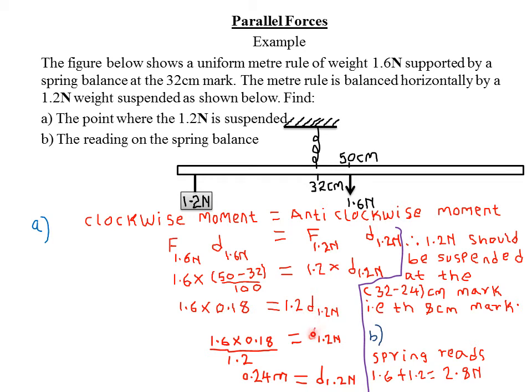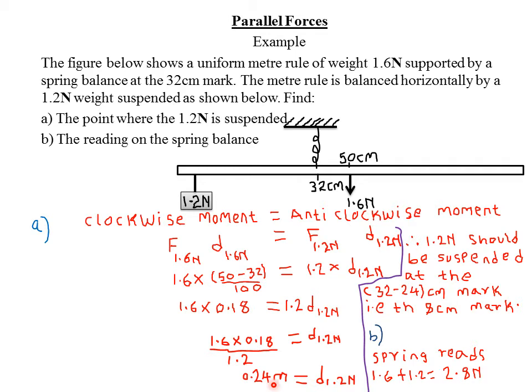Then I make d 1.2 Newton the subject of the formula. That means I divide both sides by 1.2, so that I'm remaining with d 1.2 Newton on this side being equal to 1.6 times 0.18, then divide by 1.2. You compute this using a calculator and you obtain 0.24 meters.